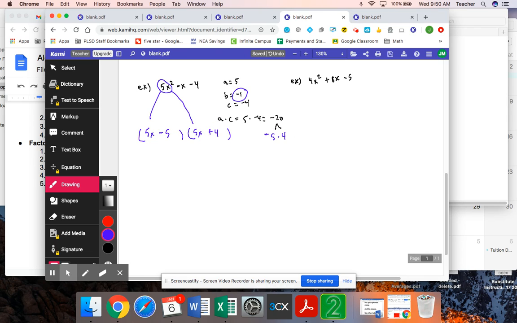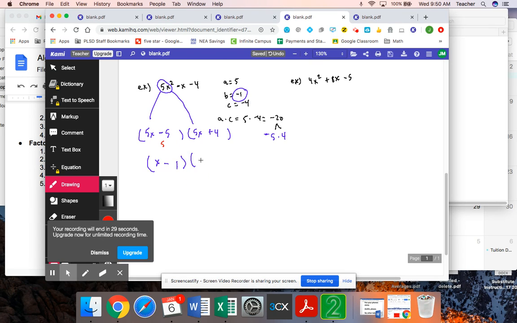But wait, I recognize that I can pull out a 5. If I pull out a 5 from here, I'll get x minus 1, because 5x divided by 5 is just x, and 5 divided by 5 is just 1. Here, I cannot pull out anything common, and so I just write this as it is.